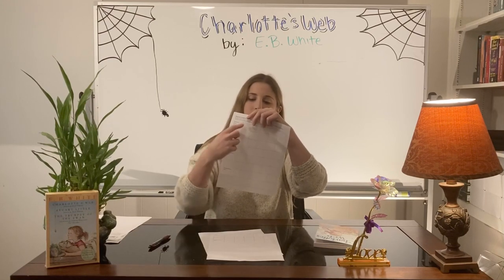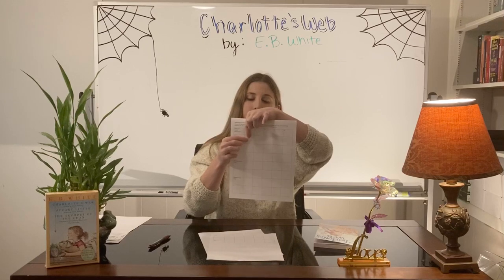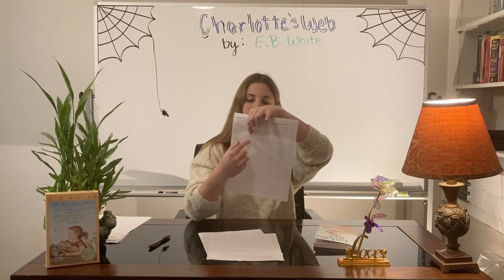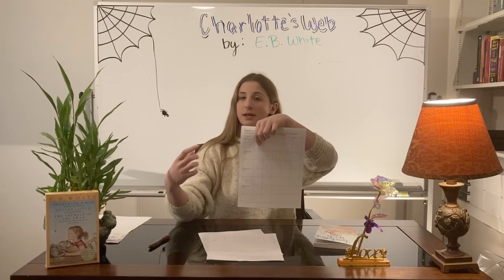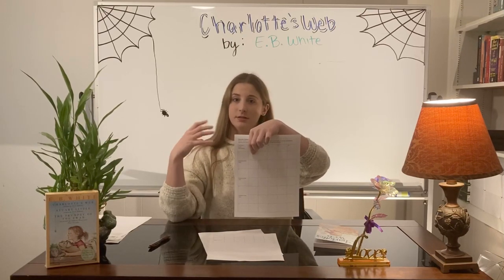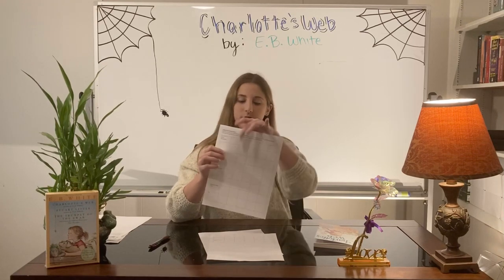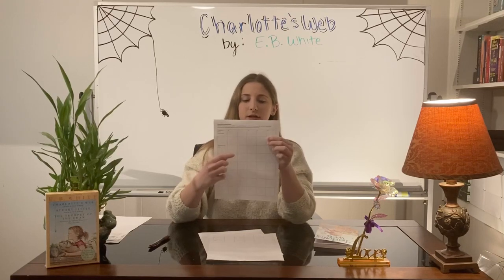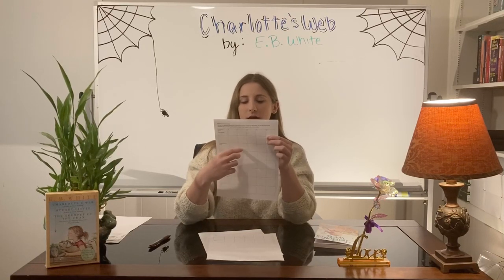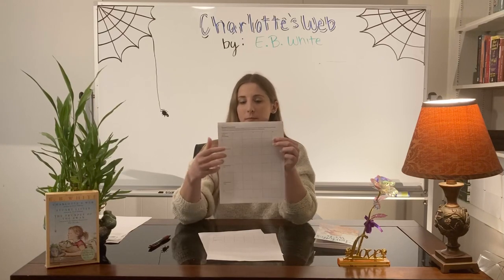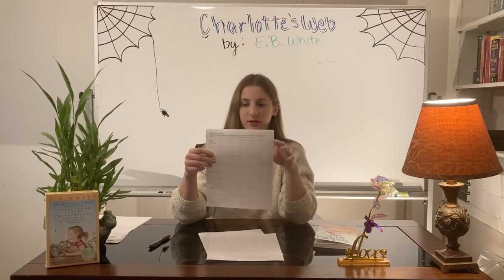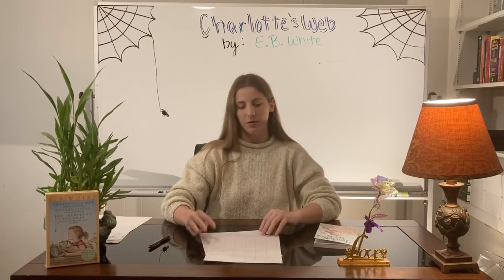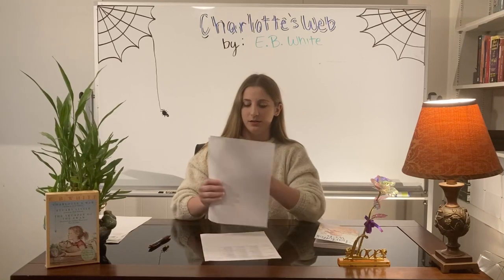From here, they'll connect the characters' relationship in this box, and in this box, they'll provide evidence from the text that shows their relationship is that way. They'll do this for all the characters. If 2 characters don't really interact, they'll just put no interaction, and leave this spot blank. But most characters do interact in the book in some way, shape, or form, so it should be nearly completely filled out.